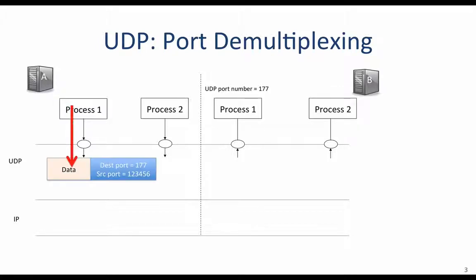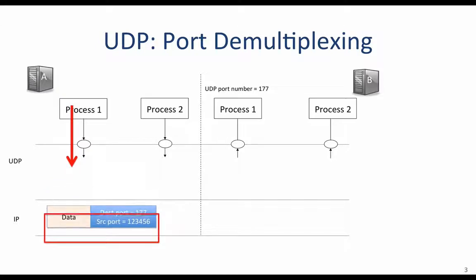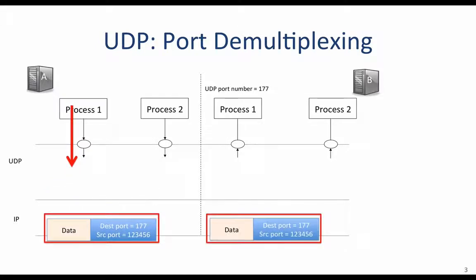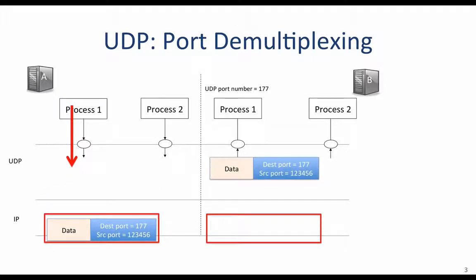If process 1 on host A wants to send data to process 1 on host B that uses port 177, the data is placed into a new UDP datagram with destination port 177. Host A adds its own source port number, so any replies can be sent to process 1 on host A. The datagram is encapsulated in an IP datagram and sent to host B. Host B removes the UDP datagram and directs the data to process 1.